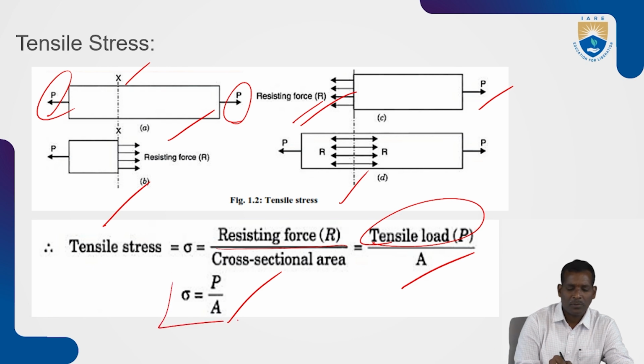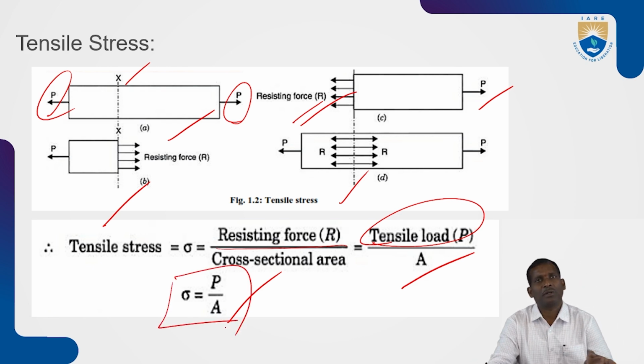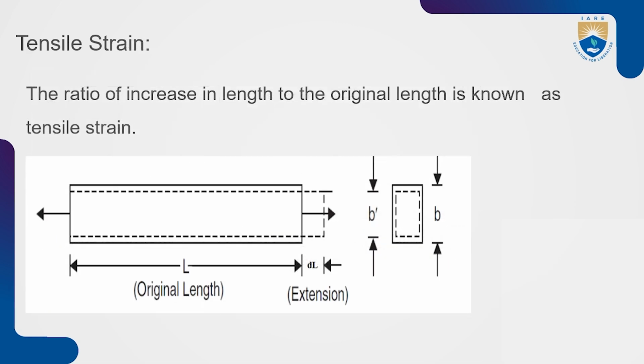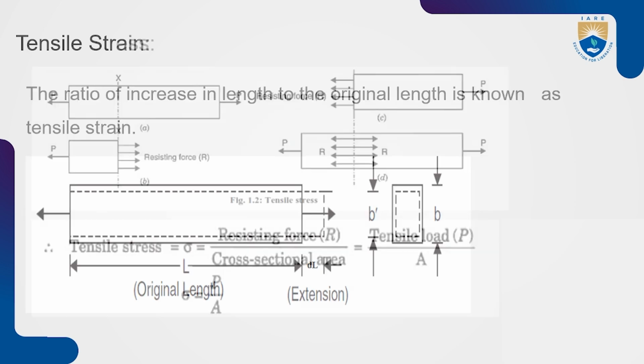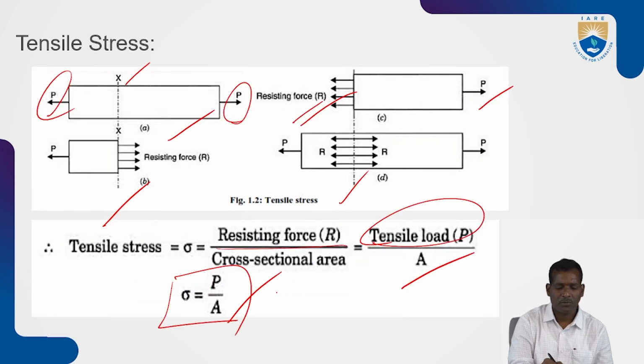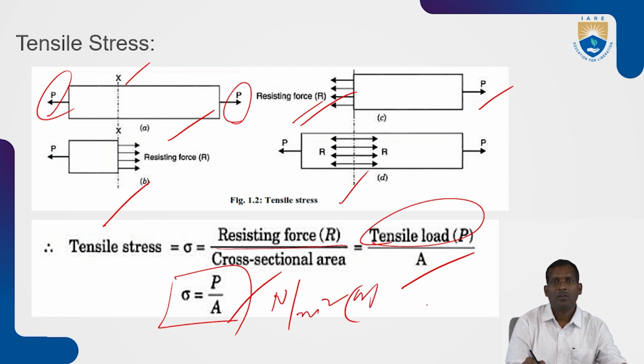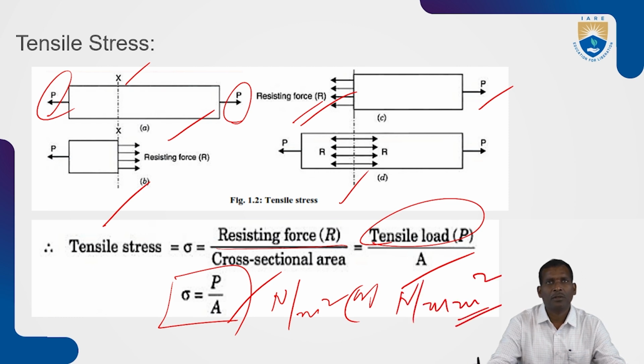This formula I already told you in the previous slide. So what are the units? Newton per meter square or Newton per mm square.